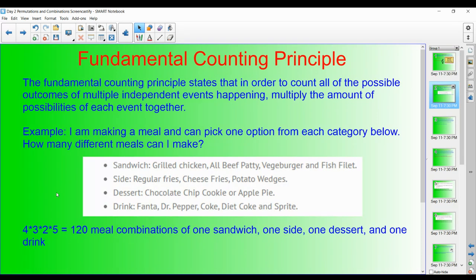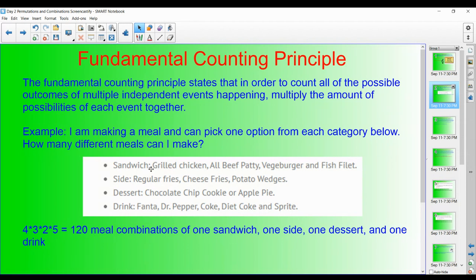So let's say we're making a meal now. It's about lunchtime, getting hungry. I can pick one sandwich, a side, dessert, and a drink. Think of your favorite sandwich restaurant, and this is how they determine how many different meal combinations they have. What the fundamental counting principle says is that if we figure out how many options there are at each stage, we can multiply those numbers together to get the total amount of combinations.